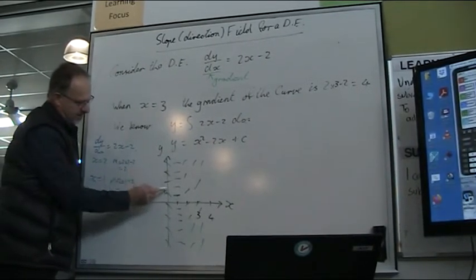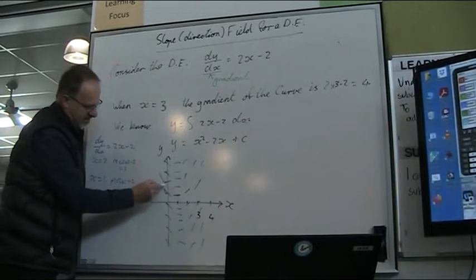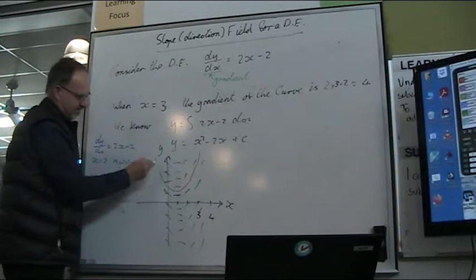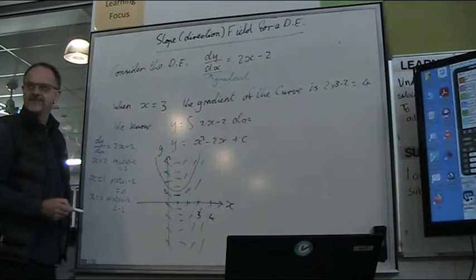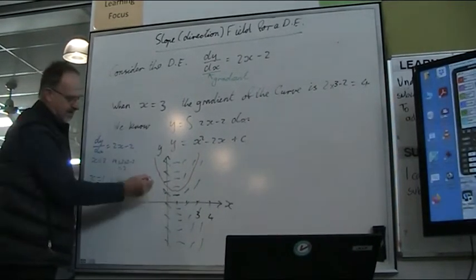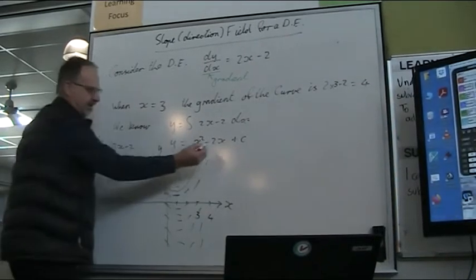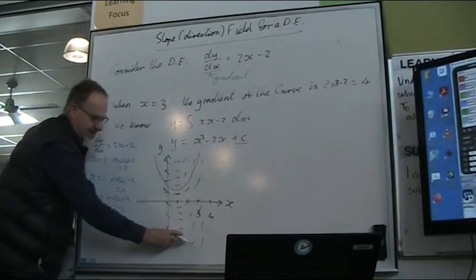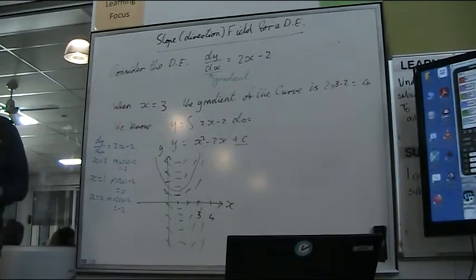Okay, so over here it's coming down, it's getting flat here, and then it's going back up, like a parabola. But again, because we don't know the C, we don't know whether the parabola's there or whether it's down here or anywhere else.